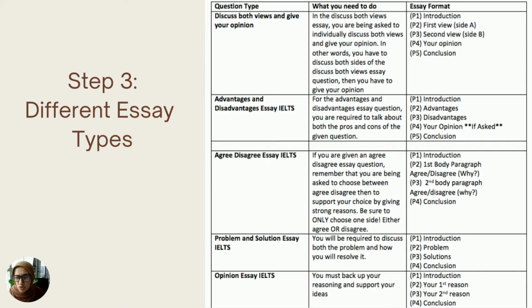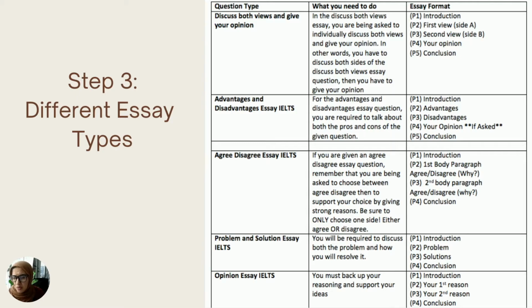Be sure to only choose one side, either agree or disagree. You don't choose both. So for this type of essay, you would need to follow this format where paragraph 1 would be the introduction, paragraph 2 would be the first body paragraph. Do you agree or disagree?